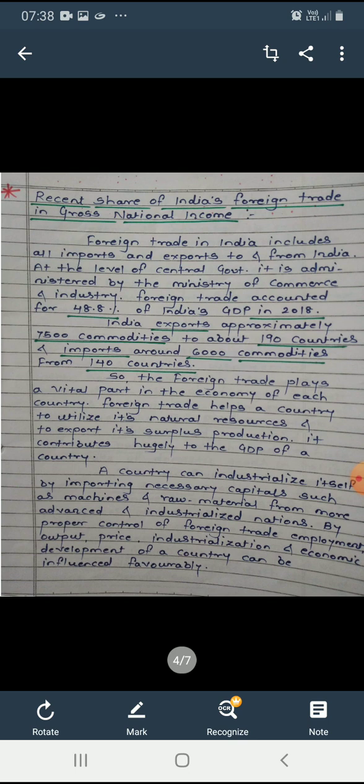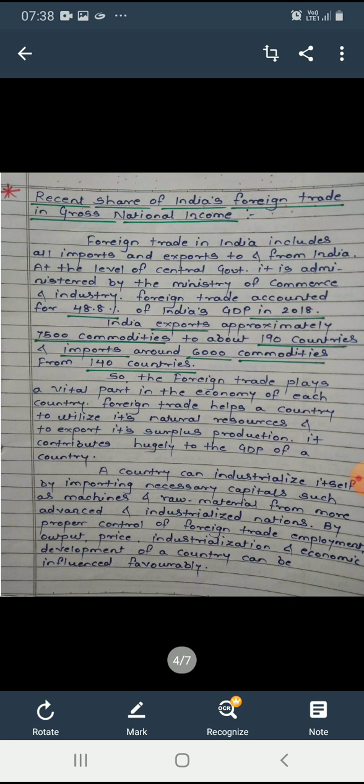So foreign trade plays a vital part in the economy of each country. Foreign trade helps a country to utilize its natural resources and to export its surplus production. It contributes hugely to the GDP of a country. A country can industrialize itself by importing necessary capital such as machines and raw material from more advanced and industrialized nations.